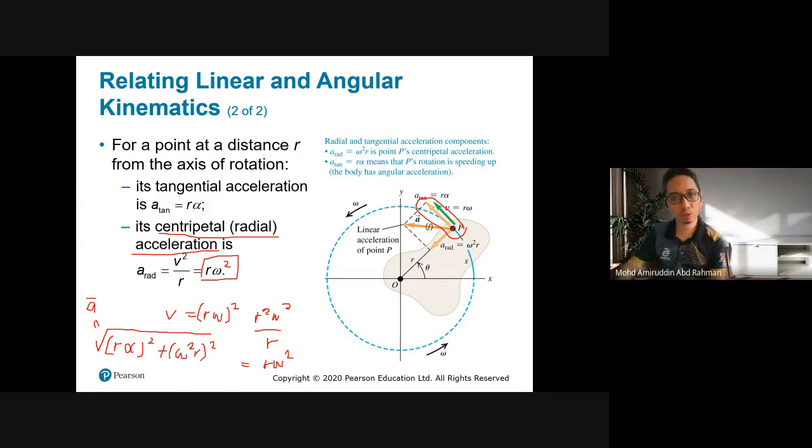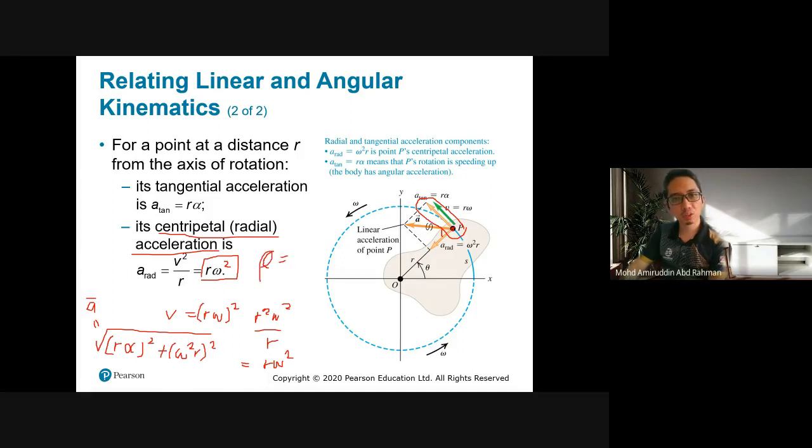If you want to find the angle that is made between them, let's say it is phi.